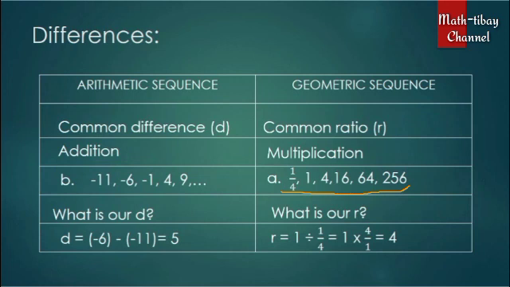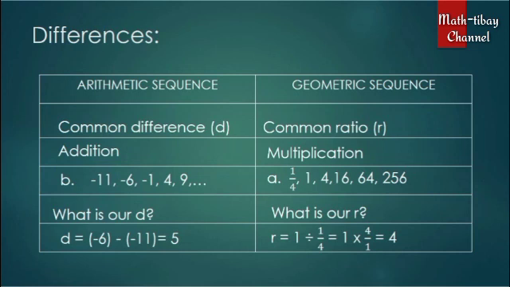So, nakukuha yung susunod na term if we multiply. That is for the geometric sequence. And for arithmetic sequence, nakukuha yung next term if we add. Yan lang yung mga differences ng arithmetic sequence and geometric sequence.